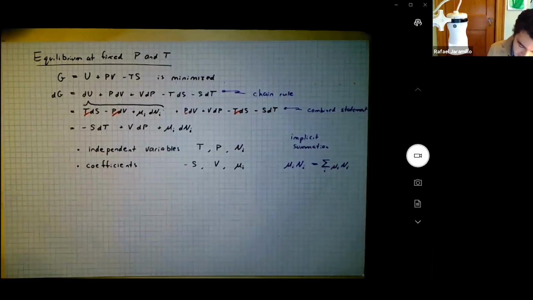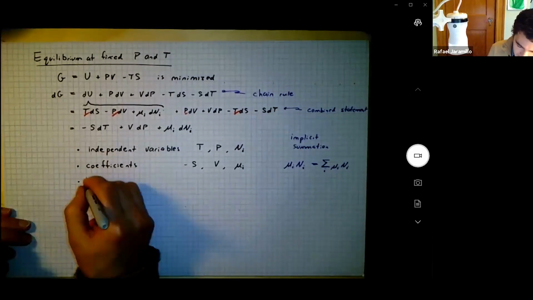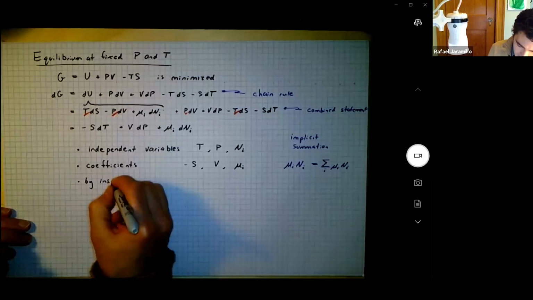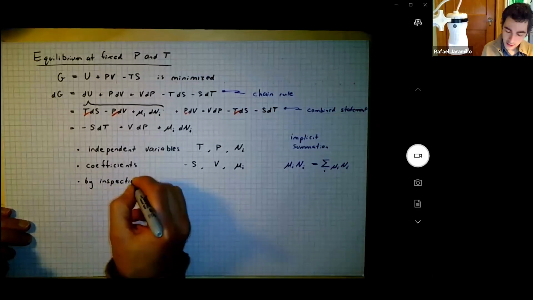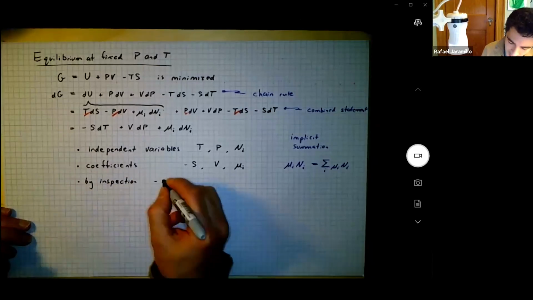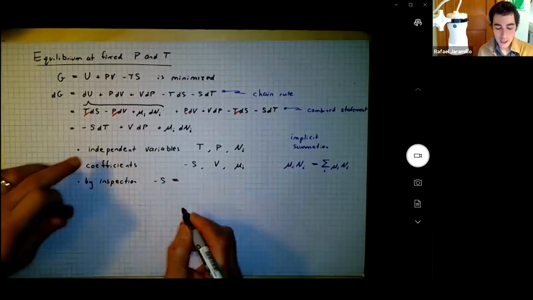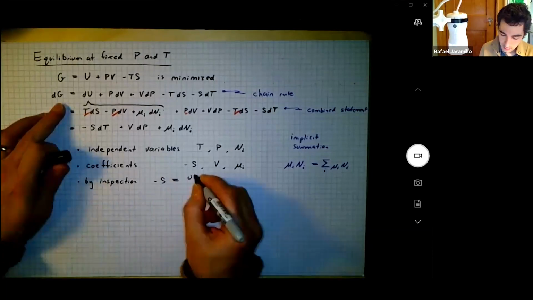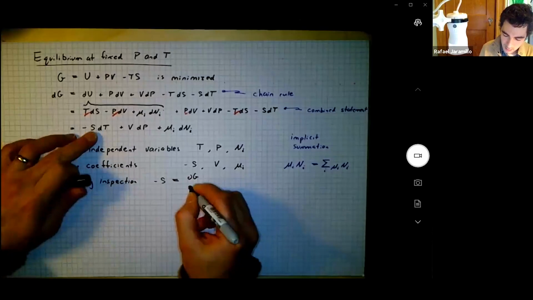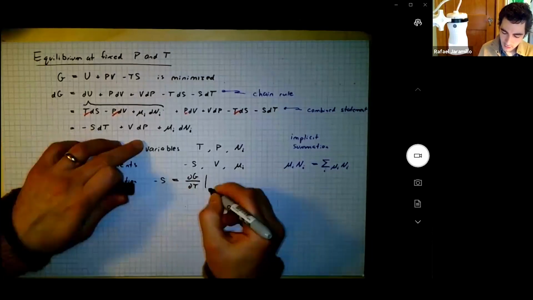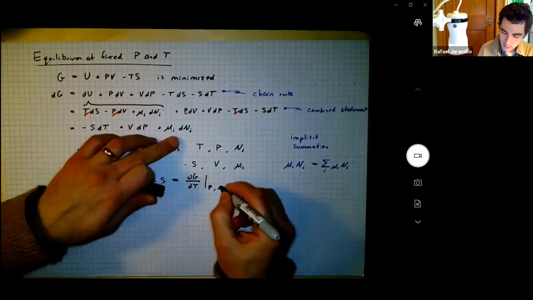And by inspection, minus S describes the change of Gibbs with temperature at fixed pressure and particle number.